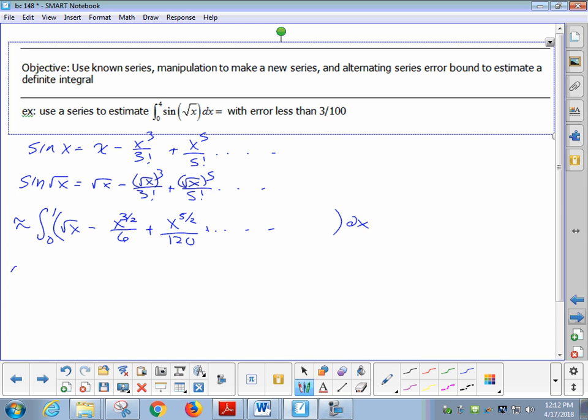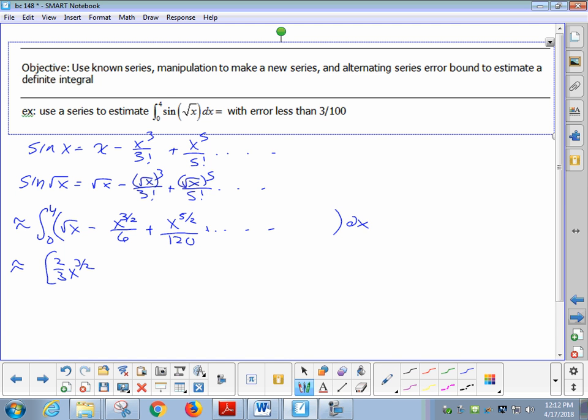Now, if I integrate this, what's the antiderivative of x to the 1/2? 2/3 x to the 3 halves. Why did you do 0 to 1? It should be 0 to 4, sorry.